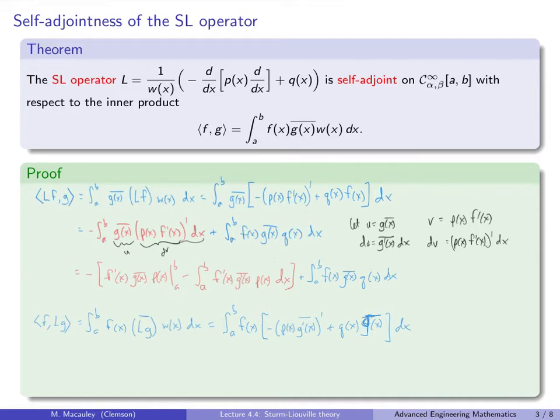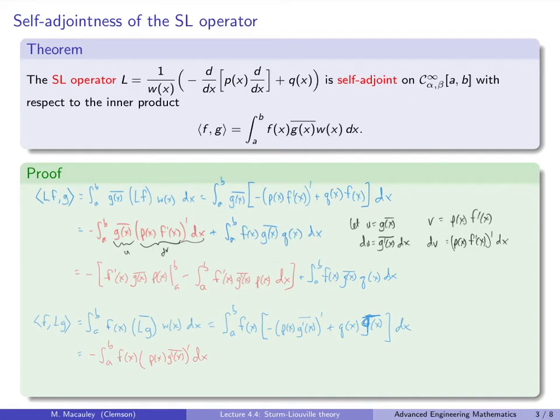Okay. Now, as before, let's break this into two parts. So let's get my pen back. This first part is going to be f times this piece. So if we do that, we have negative the integral from a to b of f of x times p of x g prime of x bar prime dx.